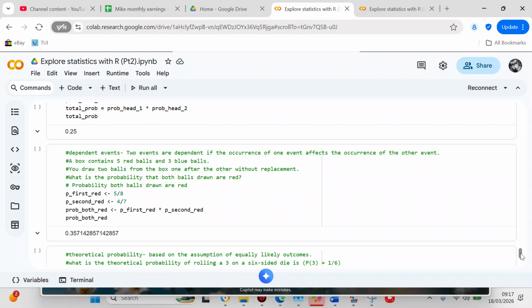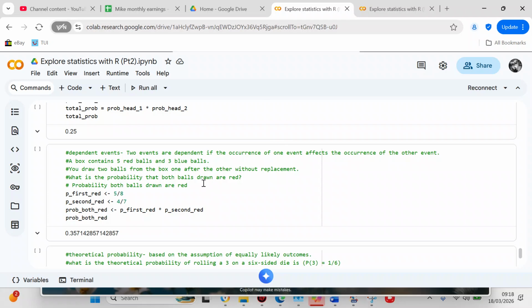If you've watched my previous videos, we talked about sampling with replacement and sampling without replacement. Most of the sampling we did was with replacement, but in this particular exercise, we're doing sampling without replacement. What is the probability that both balls drawn are red?